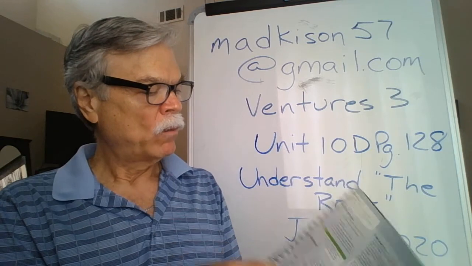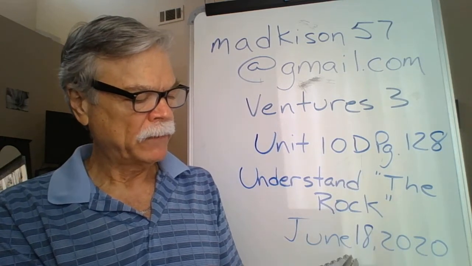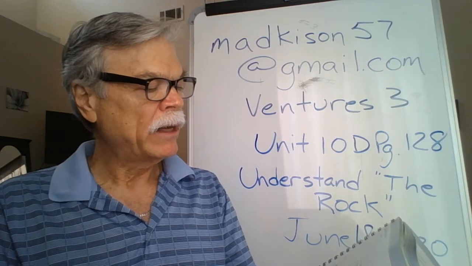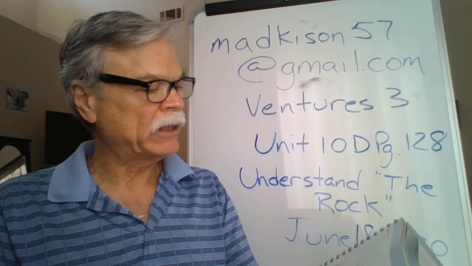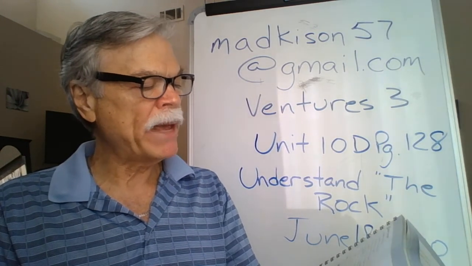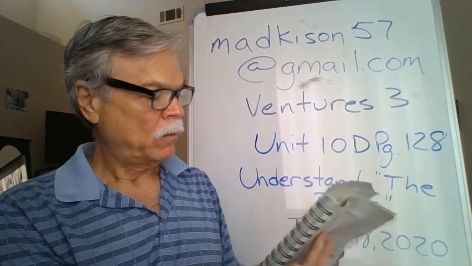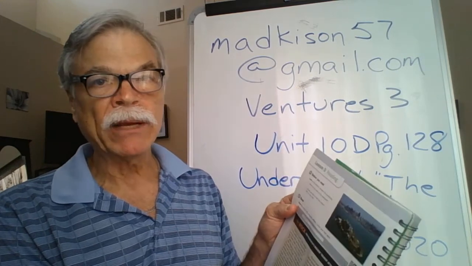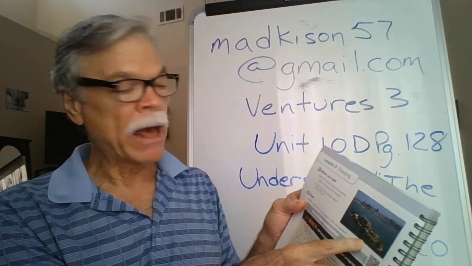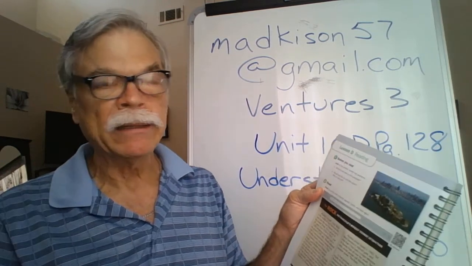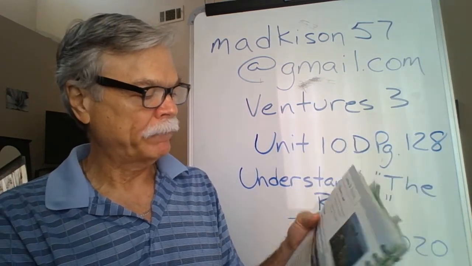So what we're going to do now is turn to page 129 and see if we can answer the questions. It says, what is the main topic of this article? Well, the main topic of the article is Alcatraz, a small prison on an island in San Francisco Bay.